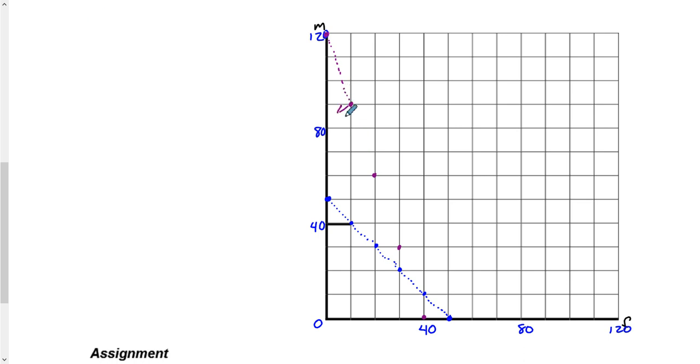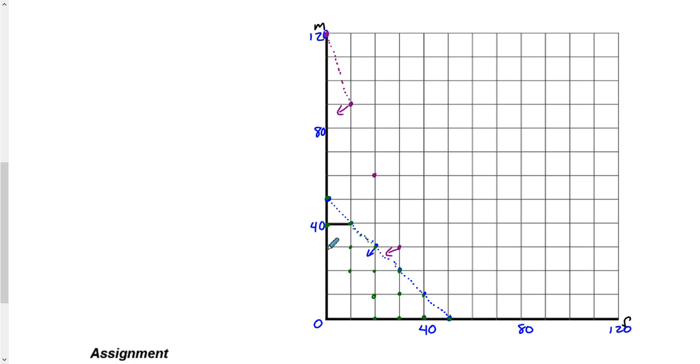But below this purple line and below this one, where is that? Well, it's in here, which means our solutions would include anything that's on this line but also any ones that are in here.